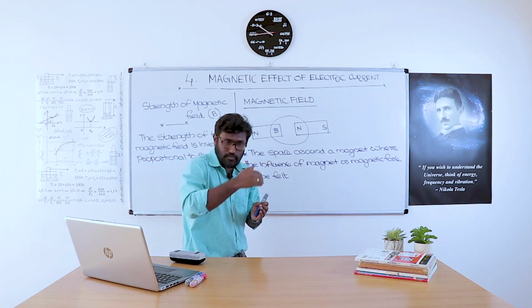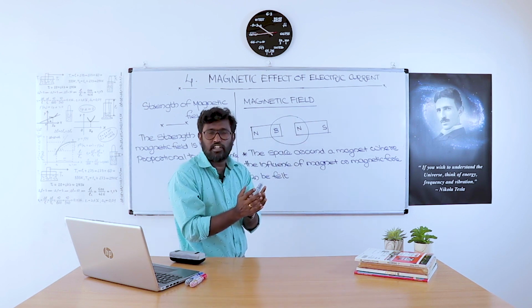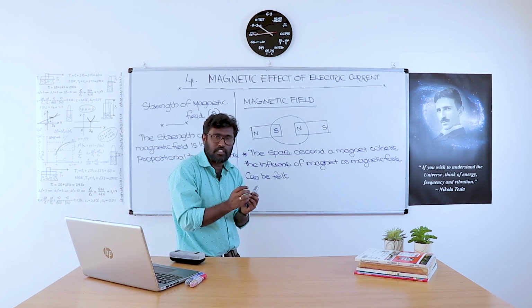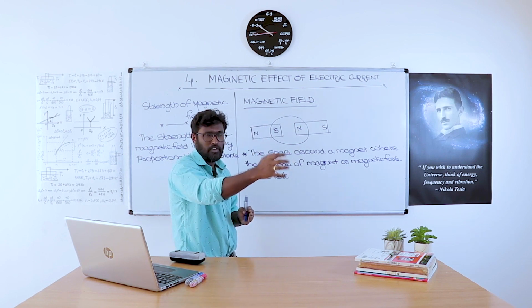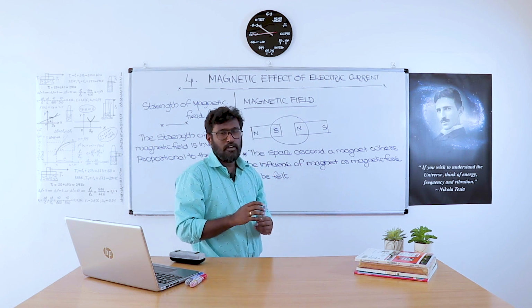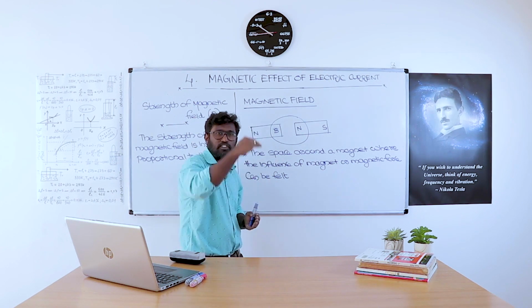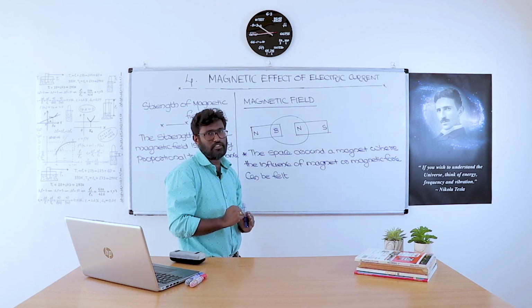But there is a presence of the magnet at each and every point inside the field, the presence of the magnetic field or the magnetic force produced by the magnet. But the thing is that whenever the distance increases, the strength of the magnetic field decreases.